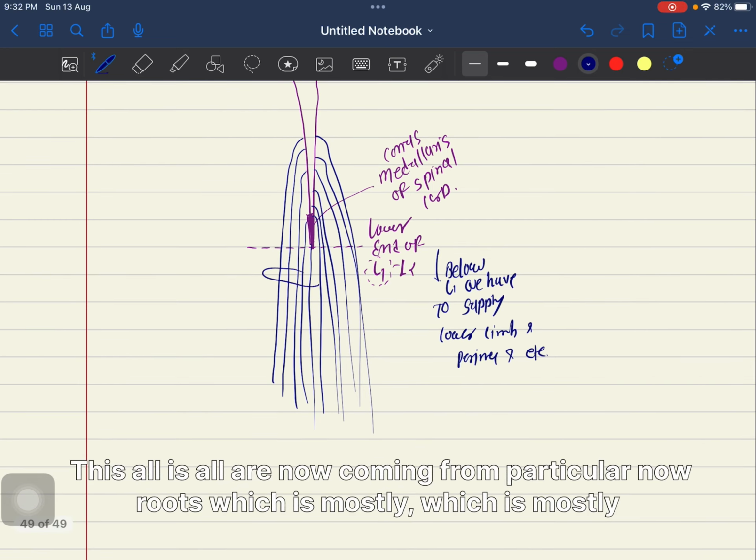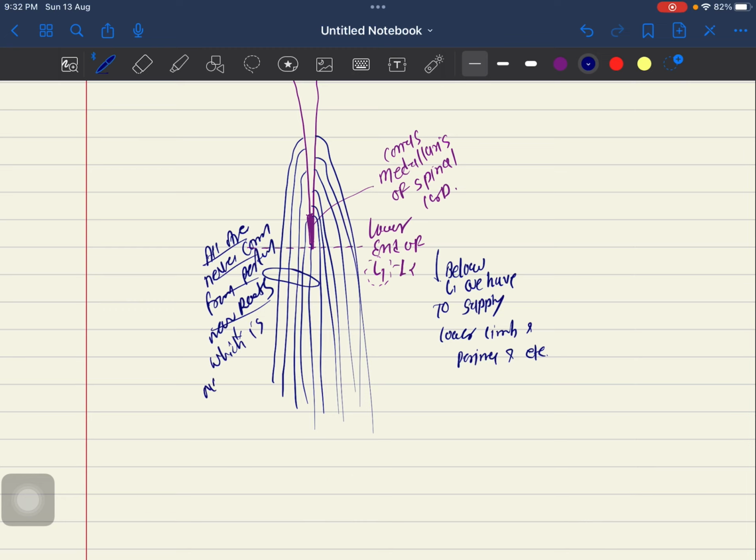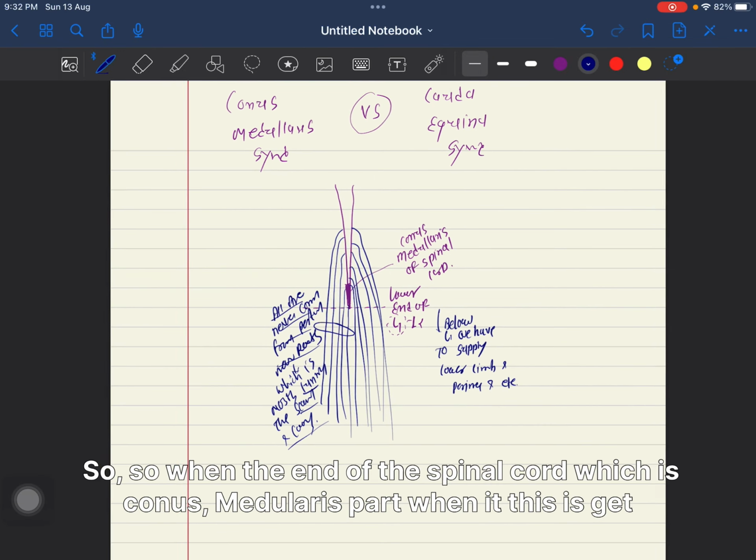These all are now coming from particular nerve roots, which are mostly lumbar, then sacral, then coccyx.